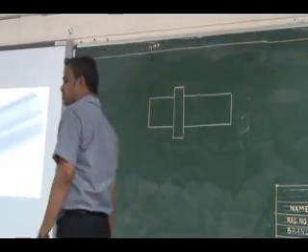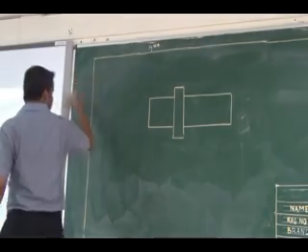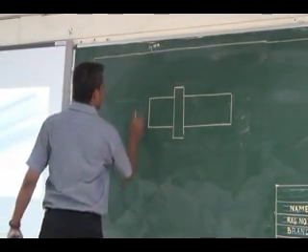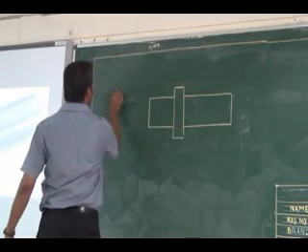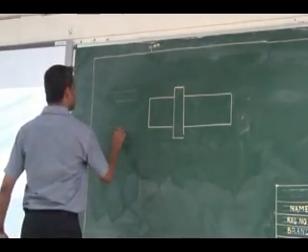Similarly, if I look at the same shaft from the right side, I can draw it as this. It will be seen as two circles.